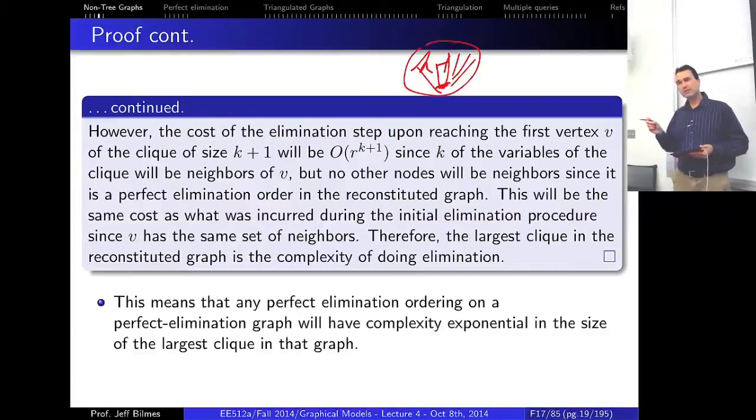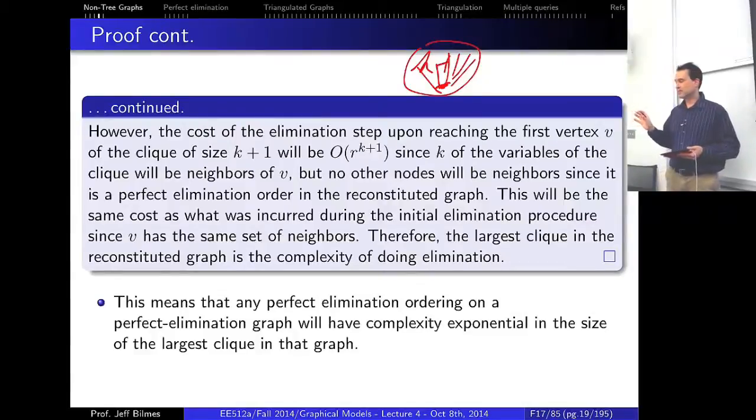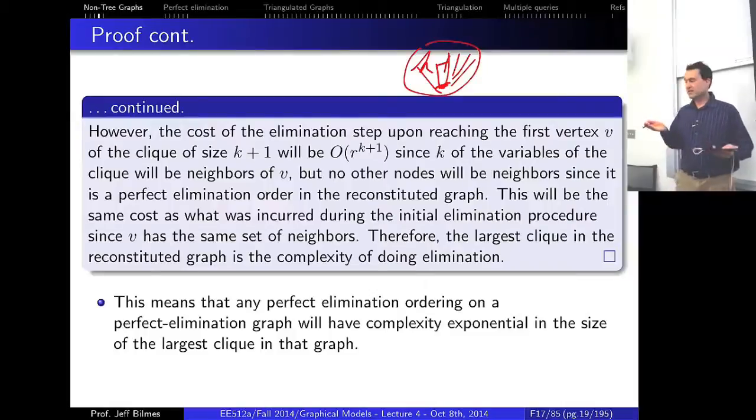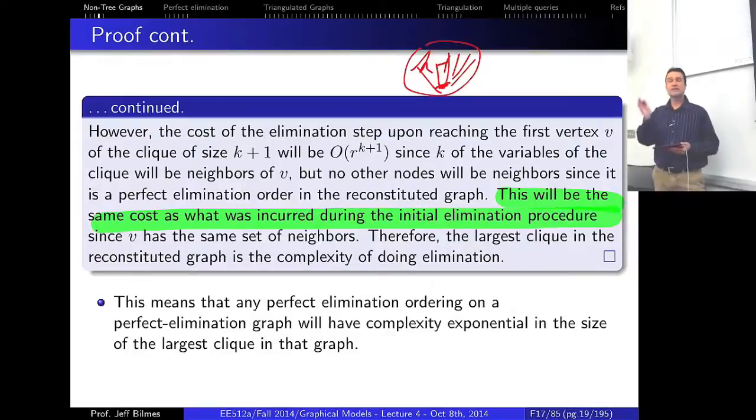At that point, there aren't going to be any other neighbors, because of the theorem that we just proved, namely that the neighbors are the same in the reconstituted and the original graph. So only the neighbors in that largest clique are going to be the neighbors of that first vertex. And this is the same cost as was incurred in the initial elimination procedure. Why? Because of the previous lemma that we proved, because it has the same set of neighbors.